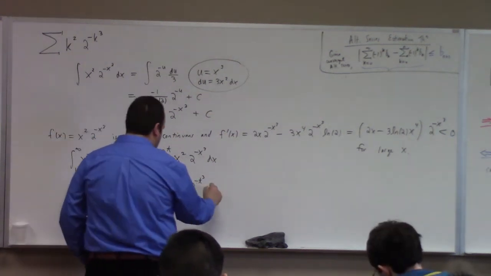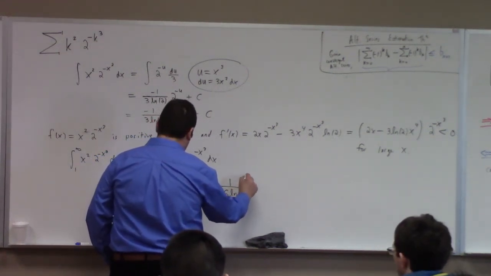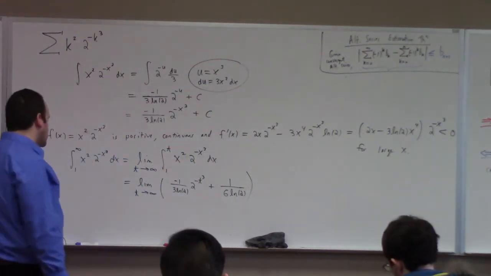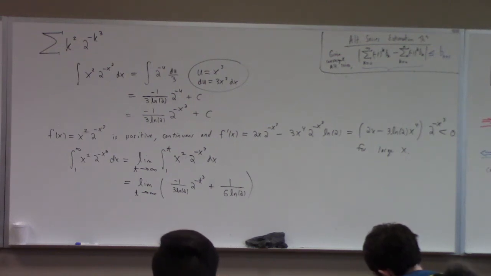I guess it's just plus 1/6 ln of 2, if I haven't made a mistake. So then take the limit. Does it converge or diverge?